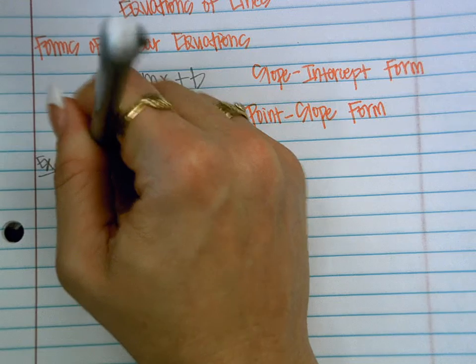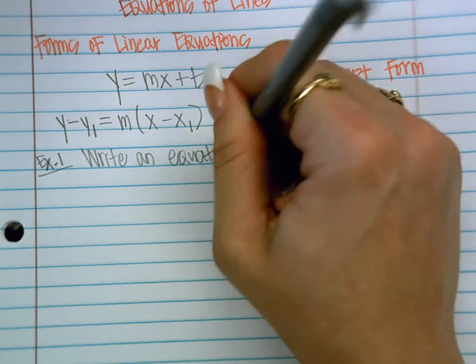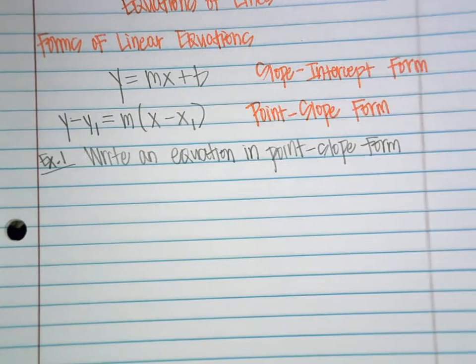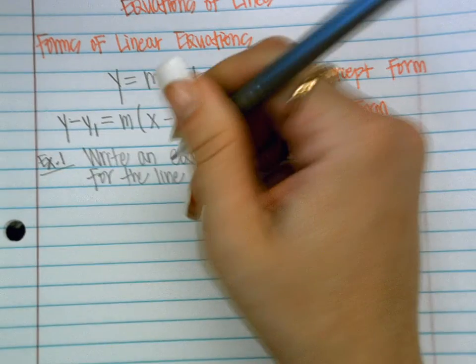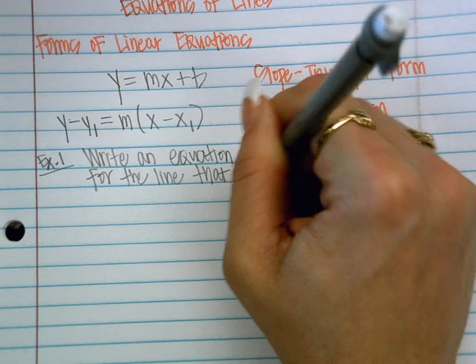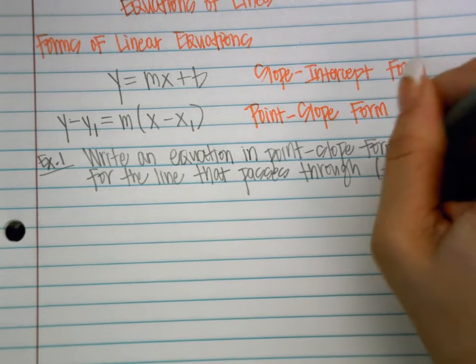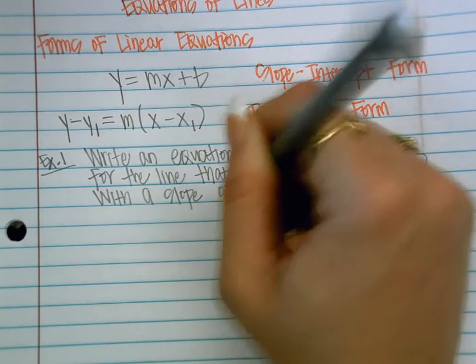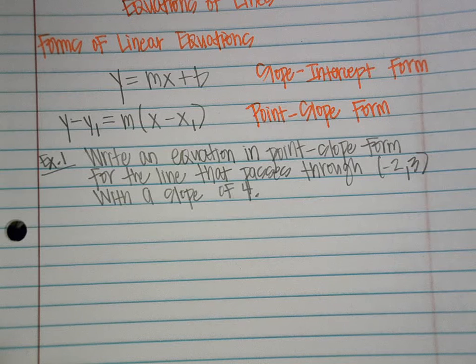it's going to say write an equation in point slope form for the line that passes through -2, 3 with a slope of 4.